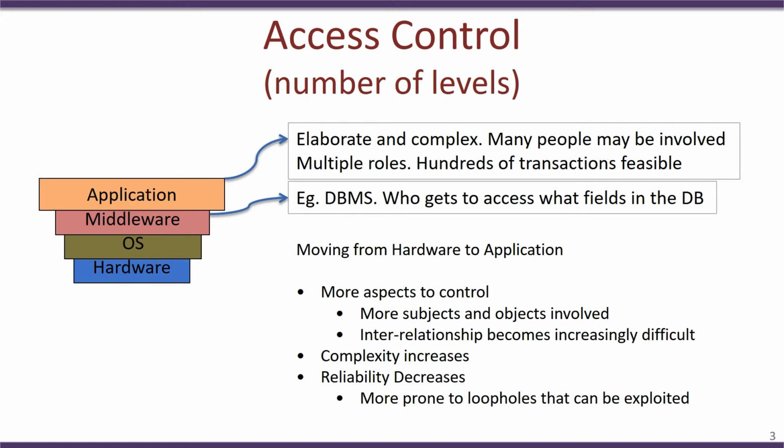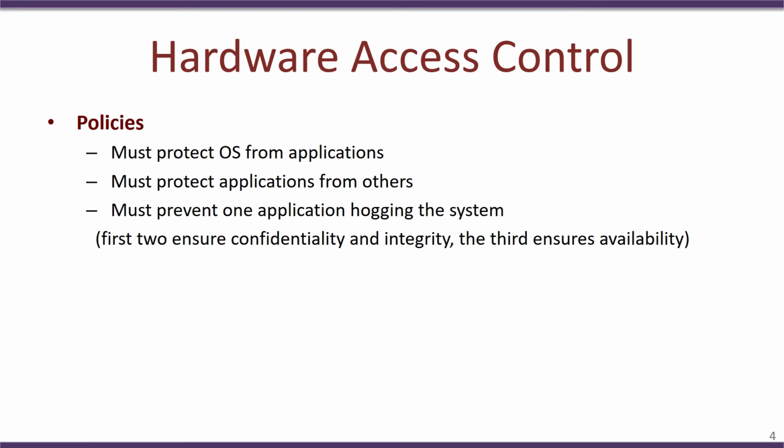What we will be seeing in this lecture are some of the hardware level access control mechanisms and also the OS level access control mechanisms. We will start with hardware access control. The policies with which hardware access control is built are these. First, the hardware should ensure that the operating system is protected from the applications. Second, it should have techniques and policies to ensure that one application cannot interfere with another application.